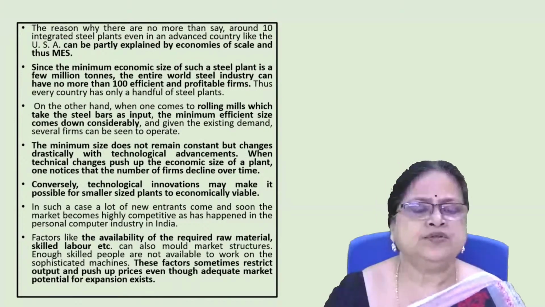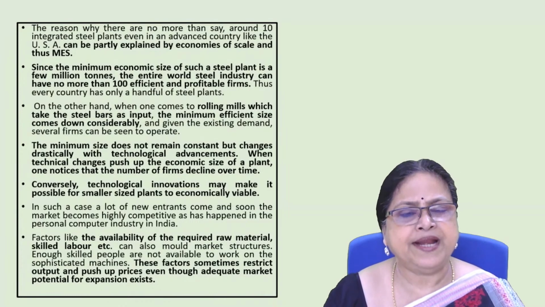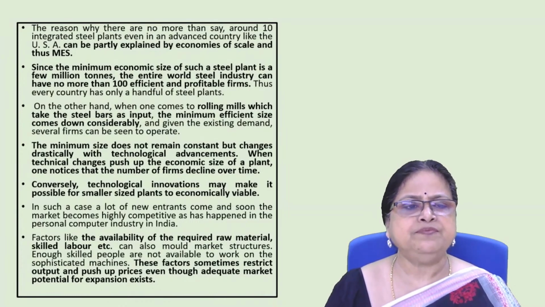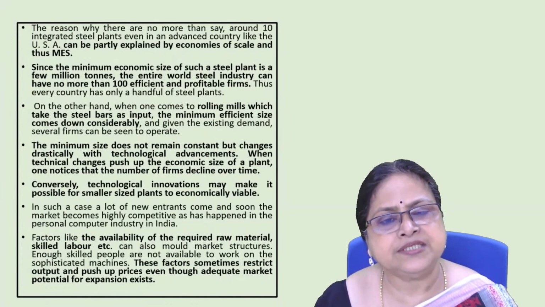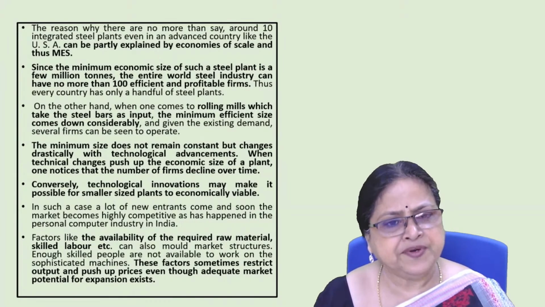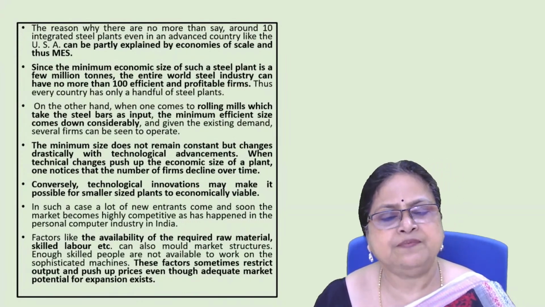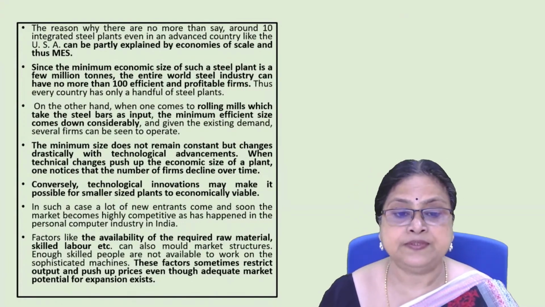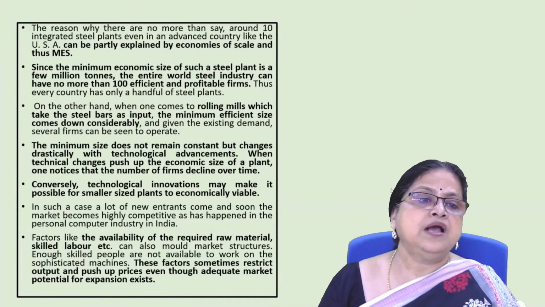On the other hand, take the other products which are provided to the steel plants, like rolling mills, which take steel bars as an input, or require steel as an intermediate product. There, if a large number of firms are there, the minimum efficient size comes down considerably.